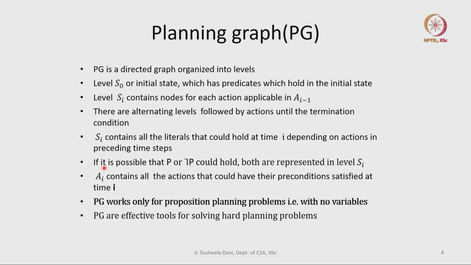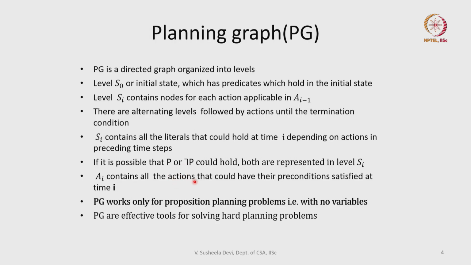Okay. So it is also possible that depending on the actions that you have taken, you could get P or not P. That means both of them can hold at a particular level. Okay. If you do one action, you may get P. If you do another action, you may get not P, etc. Right. So both will be represented if both are possible to get with the actions that occur in the preceding steps.